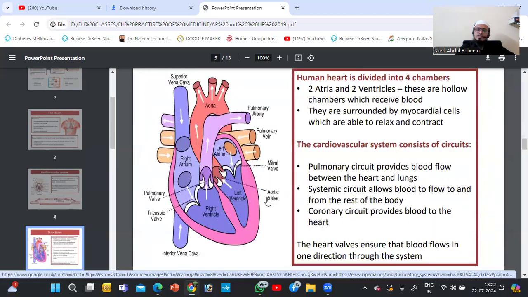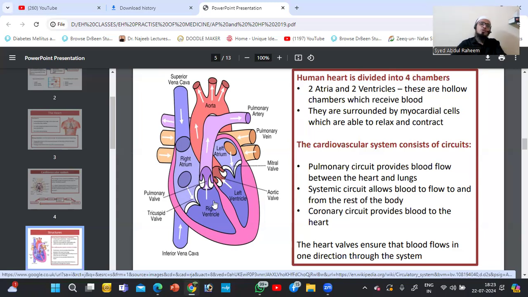You can see that this is the heart. We have right atrium, left atrium, right ventricle, left ventricle. The bluish right side of the heart has deoxygenated blood, which comes from the upper part and lower part of the body into the right atrium.